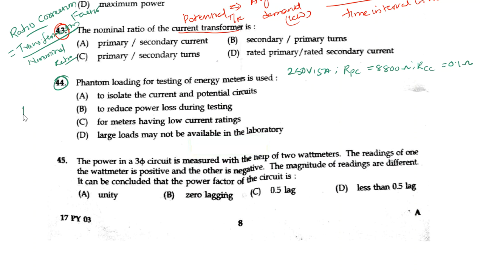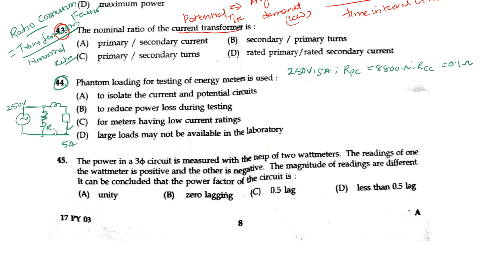In the direct load testing, we take this AC source and here we connect the pressure coil. After that there will be a current coil which is connected to the load directly like this. Now how much voltage are we applying? It is 250 volts, and the current carrying capacity of the load here is 5 amperes.